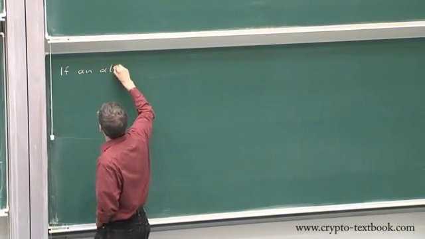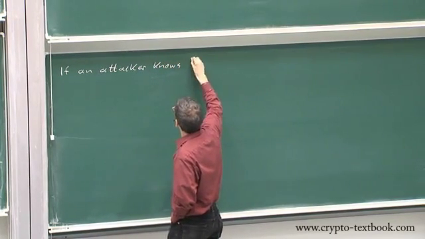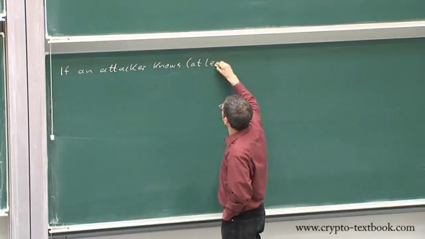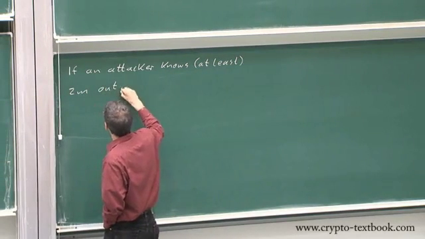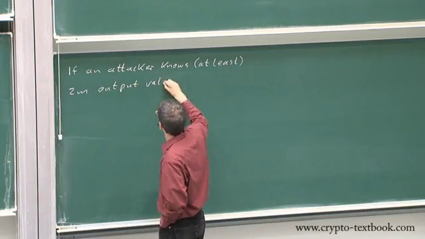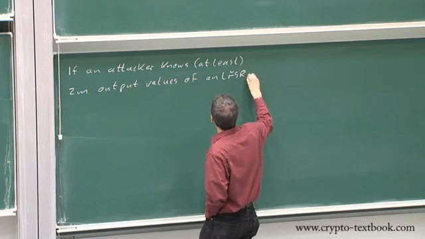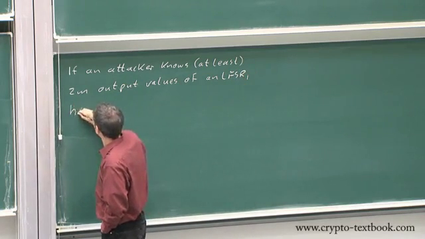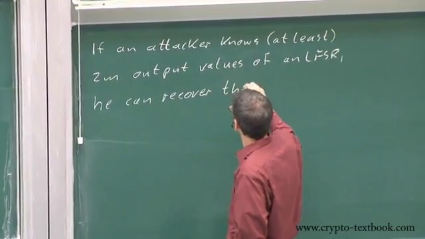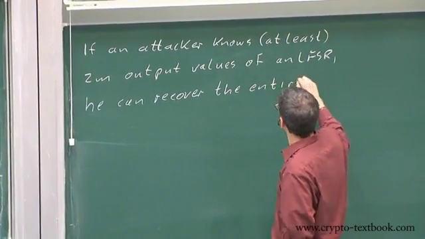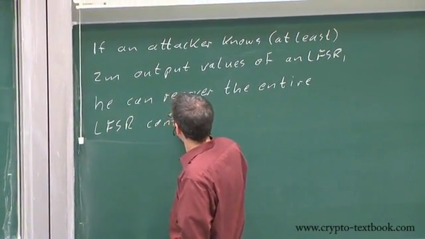If an attacker knows, in parentheses at least, 2m output values of an LFSR, he can recover the entire LFSR configuration.